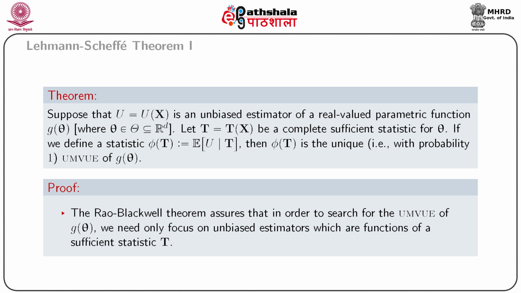Let T be a complete sufficient statistic for θ. If we define a statistic φ(T) equal to the expected value of U given T, then φ(T) is the unique UMVUE of g(θ).